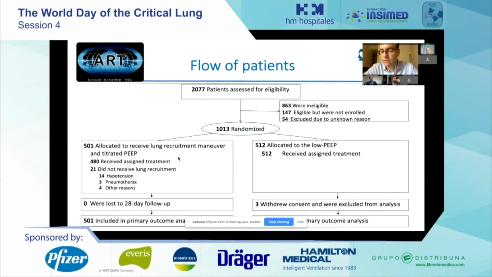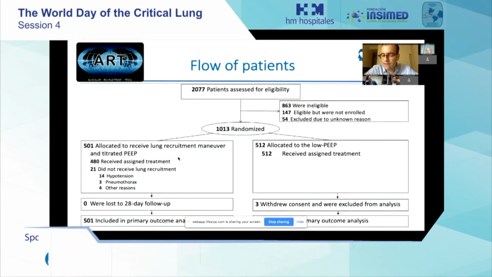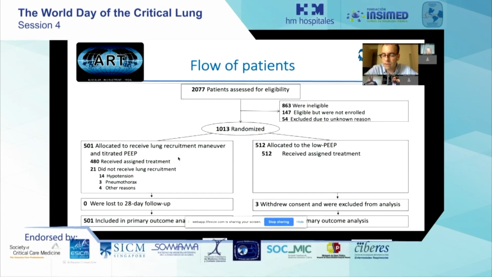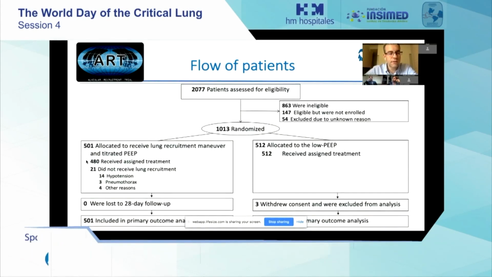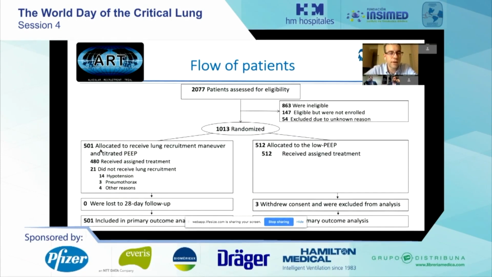So it's important to highlight that the results of our study may not necessarily apply to all patients with moderate to severe ARDS, but to those that maintained a low PF ratio after this standardized ventilation protocol. Half of the patients were randomized to the lung recruitment maneuver and titrated PEEP protocol, and half to the low PEEP strategy without recruitment maneuver.